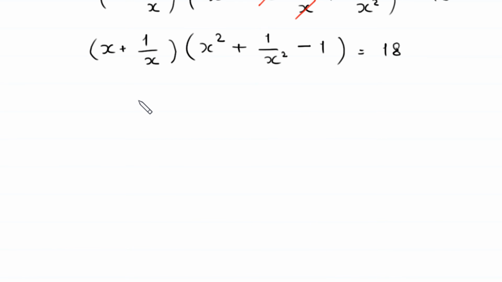Now by using this algebraic identity, a squared plus b squared is equal to a plus b whole squared minus 2ab.